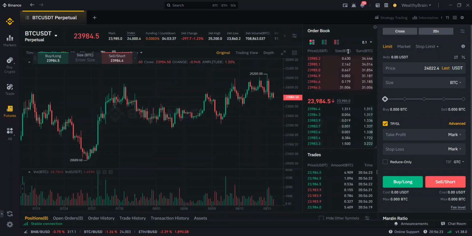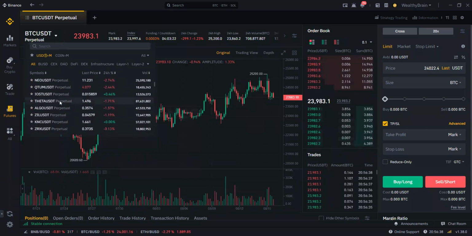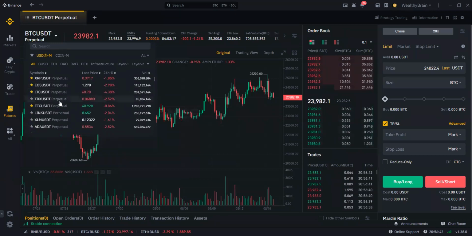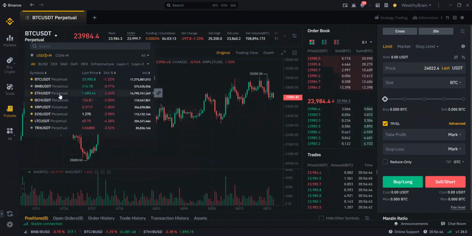So another thing is how to select the coin you want to trade. Go to the BTC/USDT. You see, when you open there, you see all. Move up your cursor under USD futures, USD coins, under USD and coins.